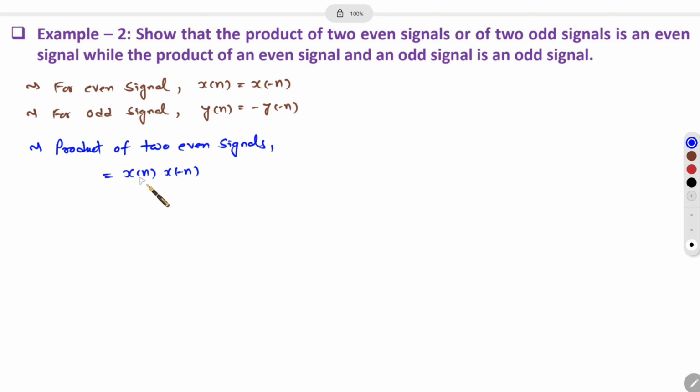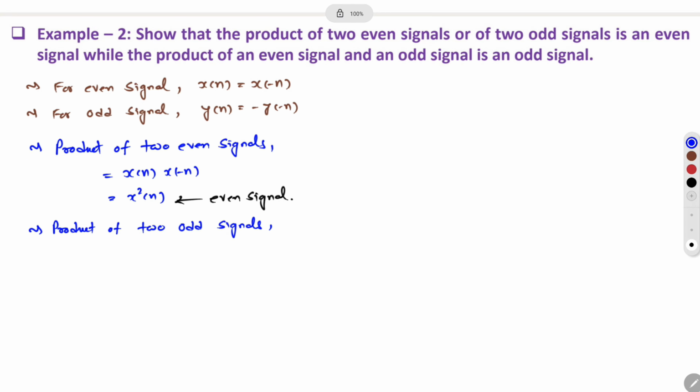Since x of n equals x of minus n, this will be x square of n. As per the even signal definition, one can say this is x square of n. So that is an even signal. The square of an even signal will be an even signal only. So this is an even signal. Now let me explain the product of two odd signals.